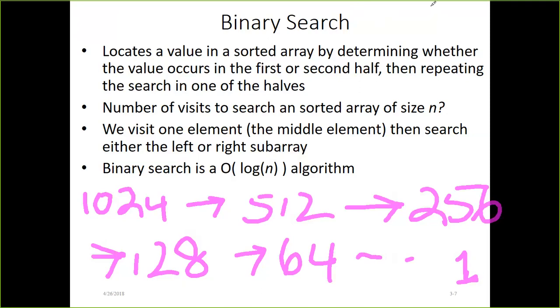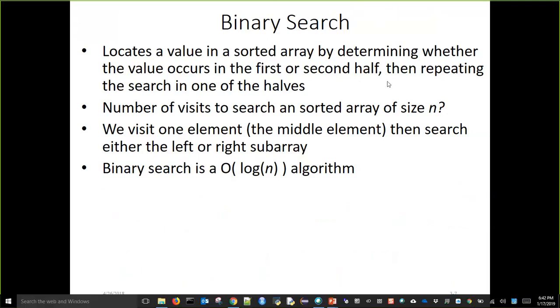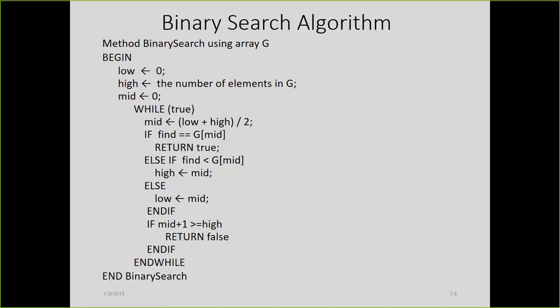So let us see this with pseudocode. In this pseudocode, we get the low index, which is initially 0, and the high index, which is the number of elements in the array, actually it should be minus 1.